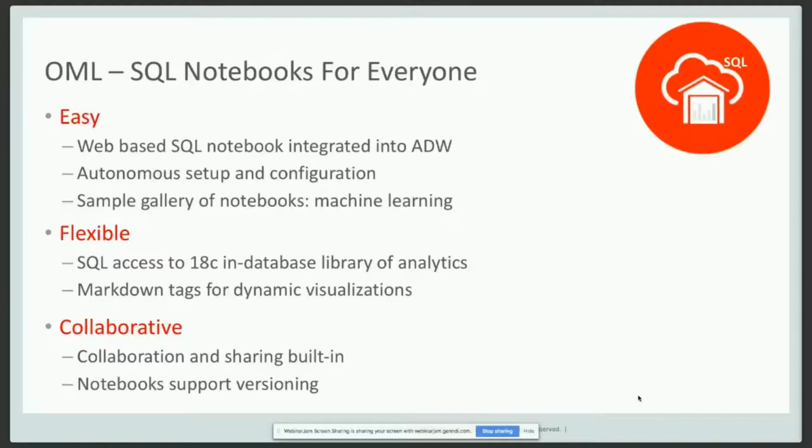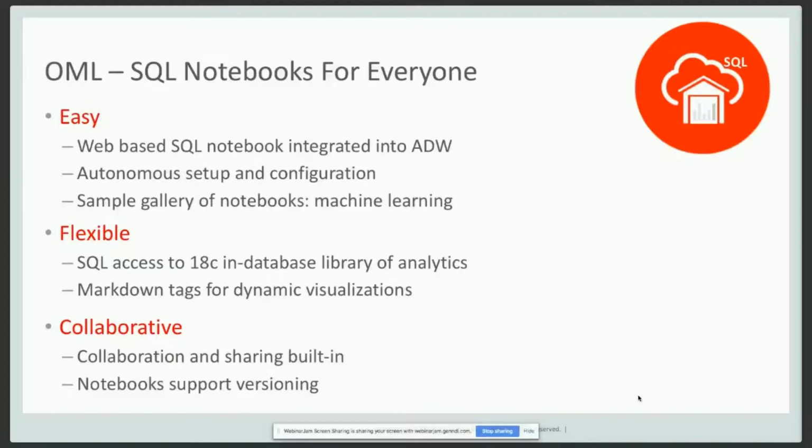So as you create that, this whole SQL notebook infrastructure magically appears in the background for you. And then to help you, to explain to you what you can do and how you can use the product, there's something called a gallery in there. And you can go in there and see some pre-built notebooks. Essentially, what you get access to is all of the 18c in-database library of analytics. Whatever SQL function or feature you want, it'll be there, and you can run that SQL through OML.